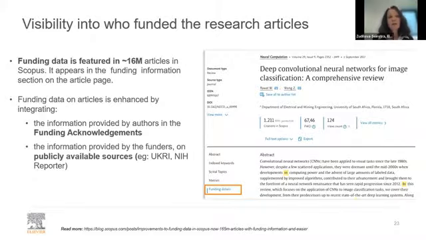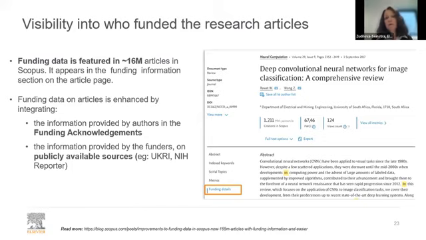So this information either comes from funding acknowledgements that we retrieve from the articles, and it is enriched, as Andrea just described, with the funder information, which is publicly available. This information comes from public sources such as UKRI or NIH Reporter.